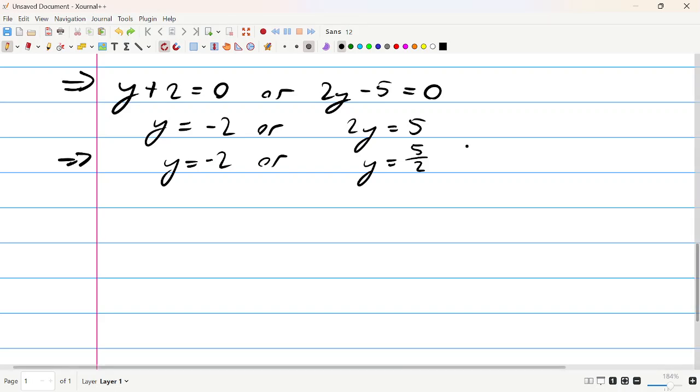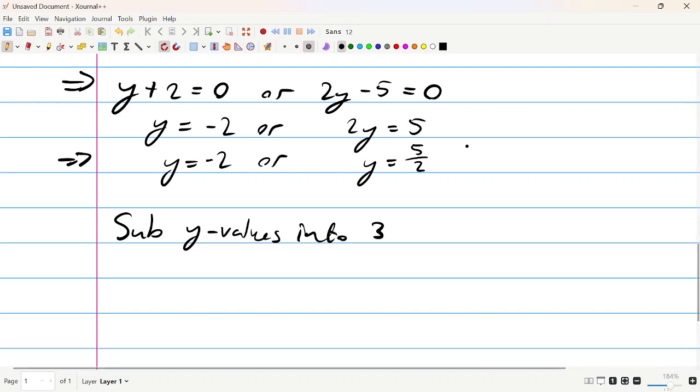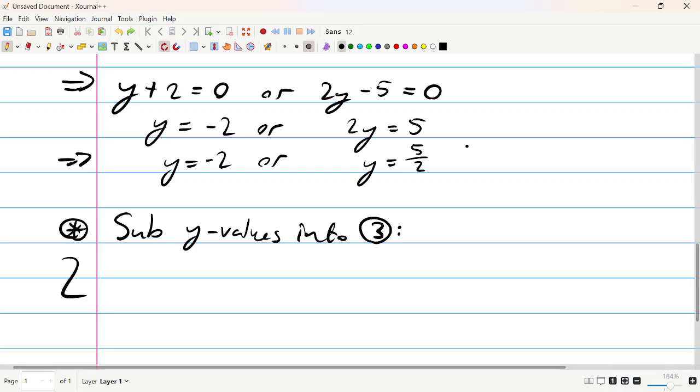So we're just going to sub back. We can tell the people that's going to be marking: we're going to sub our y values back into 3, because that's our equation.